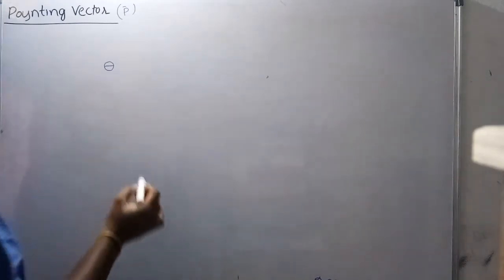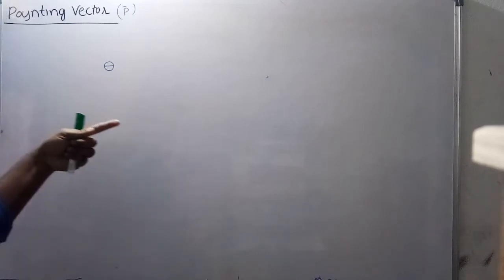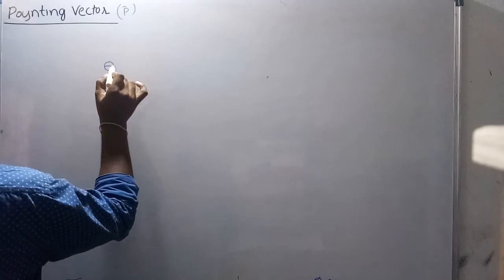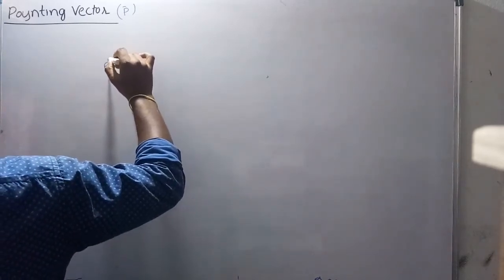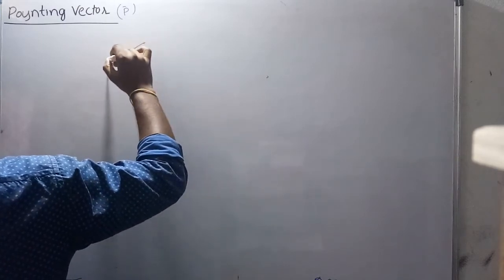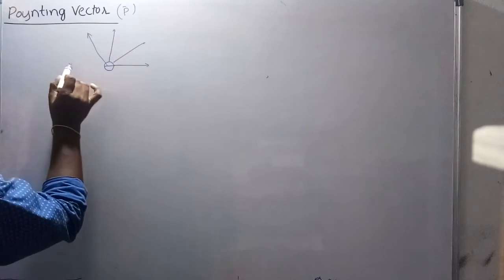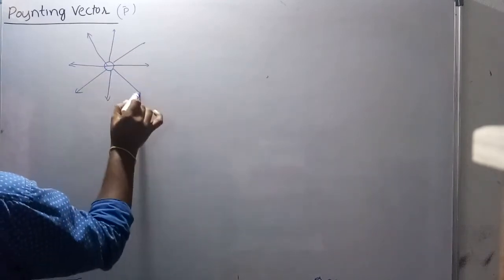Whenever the conductor has charges, that may be positive or negative charge, there exists an electric field. If there is a positive charge, the field is diverging at that point like this. This field is known as your electric field.